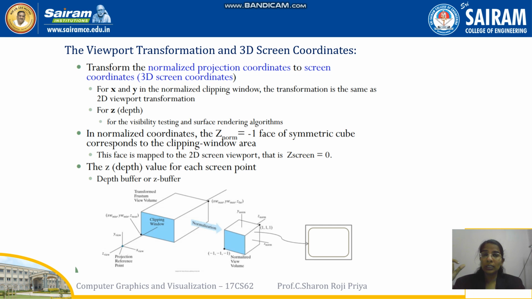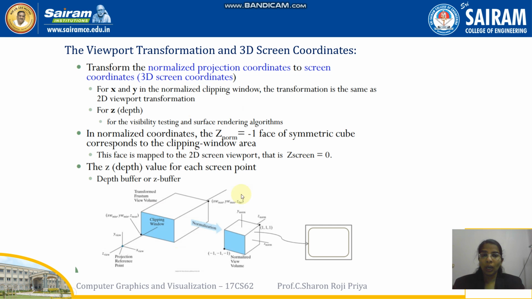Since we are learning 3D, every point will have an x and y value. Moreover, I should know the depth value of that point. So here I need two buffers. The refresh buffer or frame buffer will hold the x and y value, and the depth buffer will hold the depth value of that point.